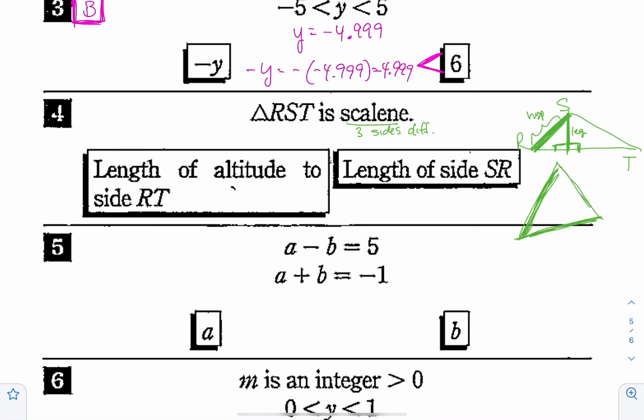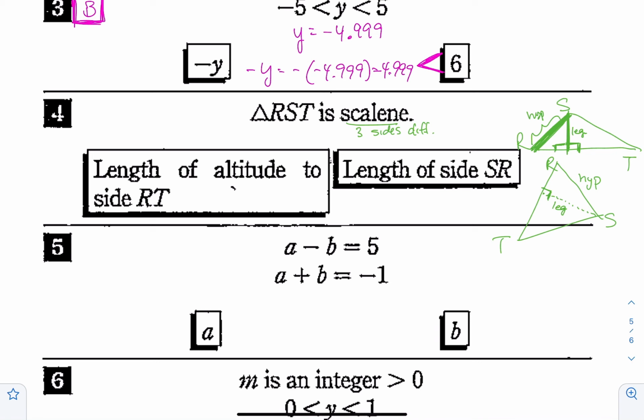So in this triangle, you can have RS over here and T over here. You can kind of make RS a little bit shorter, but the altitude to side RT will always be shorter than the altitude, which will still be another leg, and RS will again be the hypotenuse.